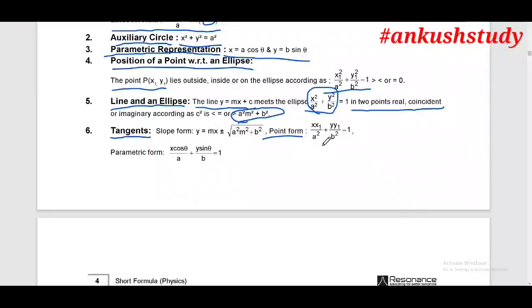And this is the point form: x x1 upon a square plus y y1 upon b square is equal to 1, and the parametric form: x cos theta upon a plus y sin theta upon b is equal to 1.